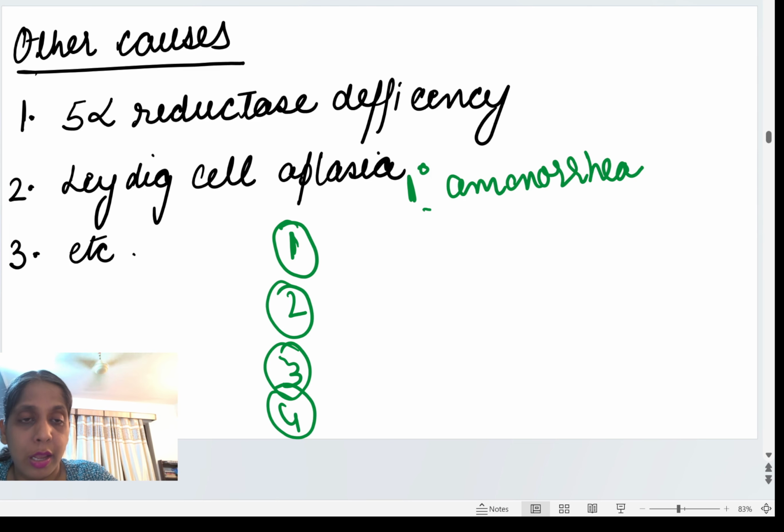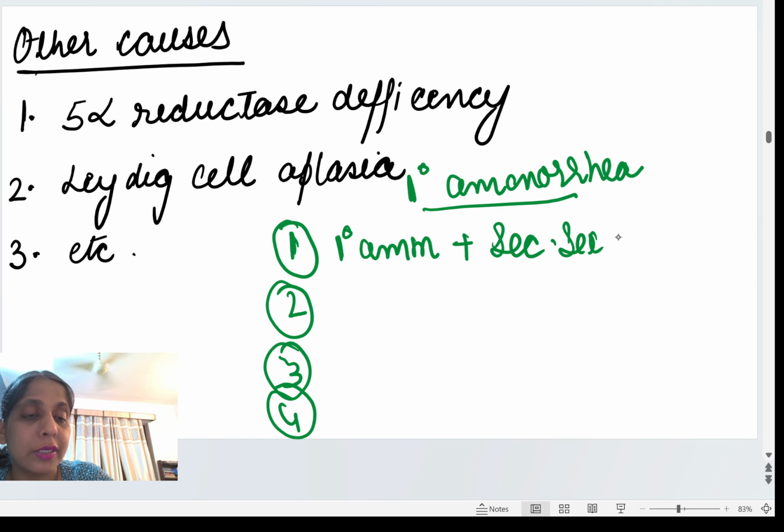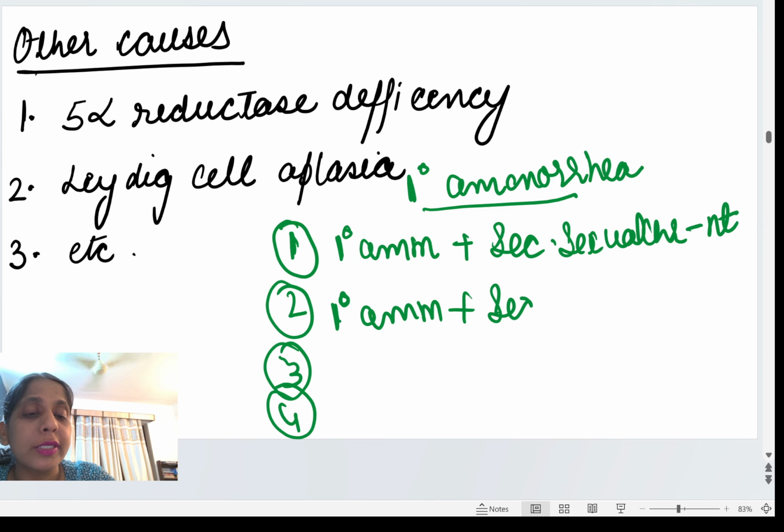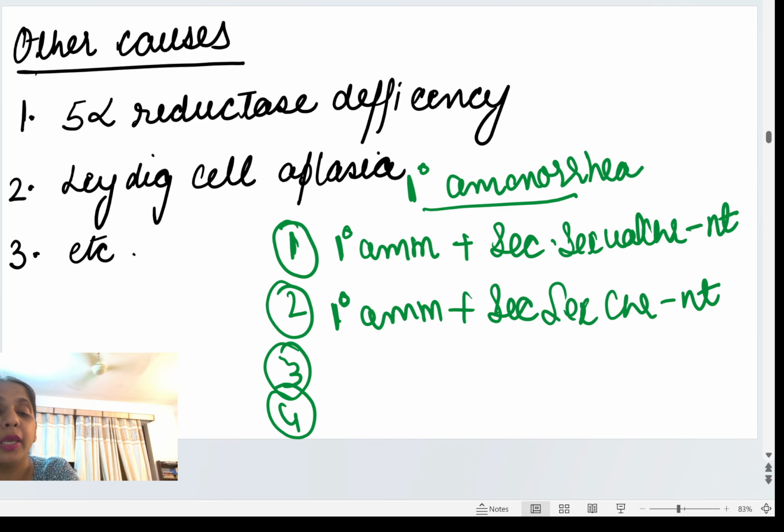One in which, along with primary amenorrhea, the secondary sexual characteristics were absent, where there was hypothalamic failure, Kallmann syndrome. Another patient had primary amenorrhea, again with secondary sexual characteristics absent. This was a patient of ovarian dysgenesis or ovarian failure. So the first one was Kallmann.